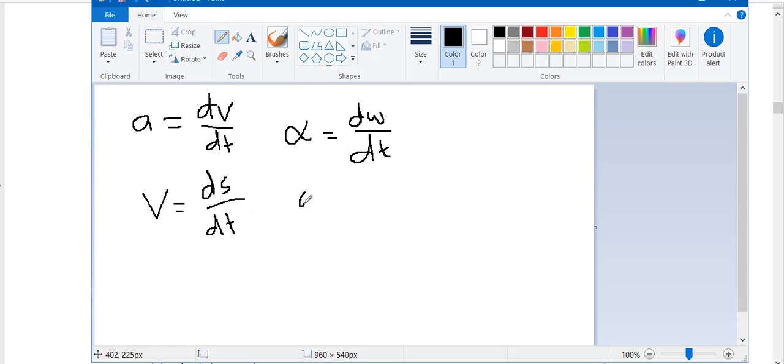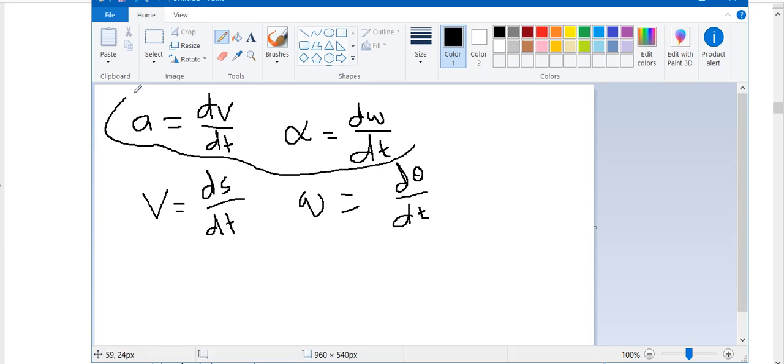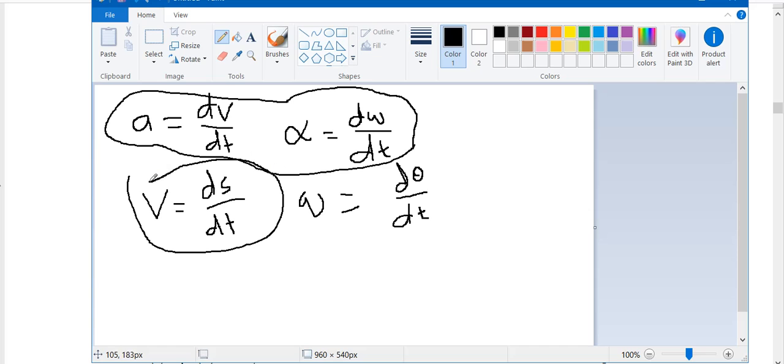For angular, we write omega is d theta by dt. So similar pattern. This is for acceleration, linear and angular, and this is for velocity, linear and angular. So if you need to use calculus, same calculus.